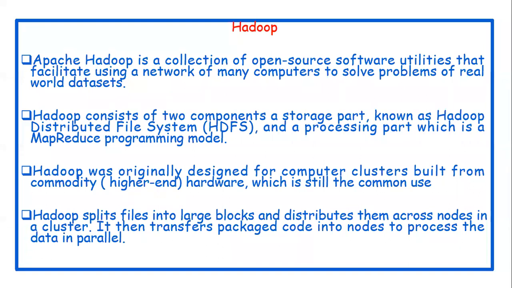The large file will be partitioned into a number of blocks. Each block size is 128 MB. After partitioning is completed, we get thousands and millions of blocks. Those data blocks you have to send across thousands of data nodes.